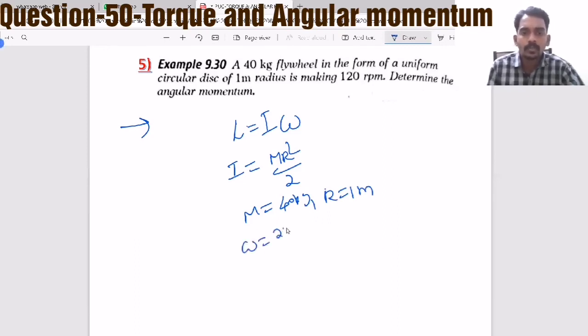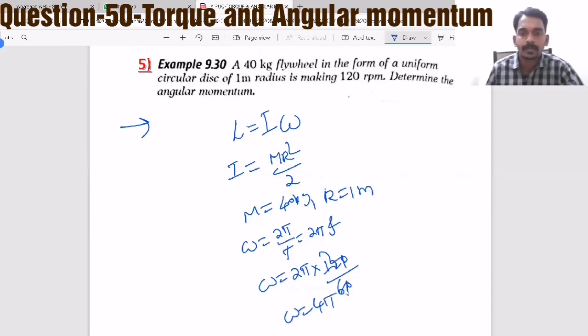So you can find the moment of inertia. Now omega equals 2 pi by t or 2 pi f. Omega equals 2 pi into f, where f is frequency, 120 rotations per minute, but we want per second, so divide by 60. So you will get the omega value also, that is 4 pi. So now we got the omega value and you can find the moment of inertia.